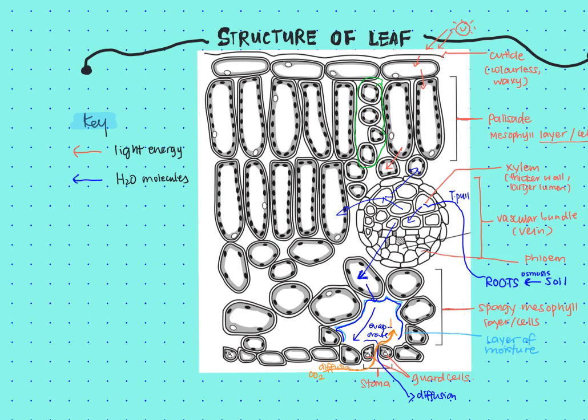It will dissolve into the layer of moisture before, and then the solution will diffuse into the spongy mesophyll cells as well as the palisade mesophyll cells. So this last arrow here is basically the carbon dioxide gas.